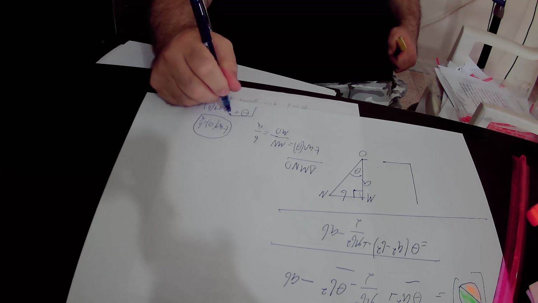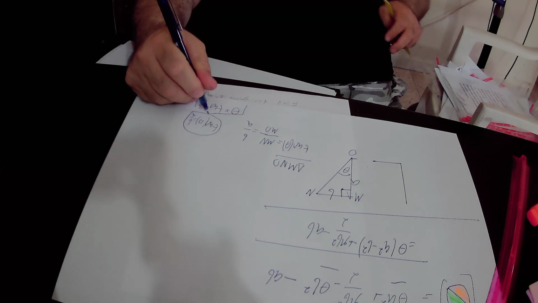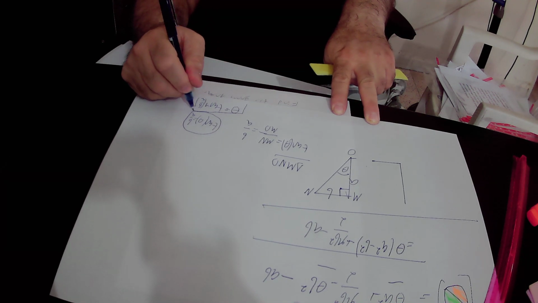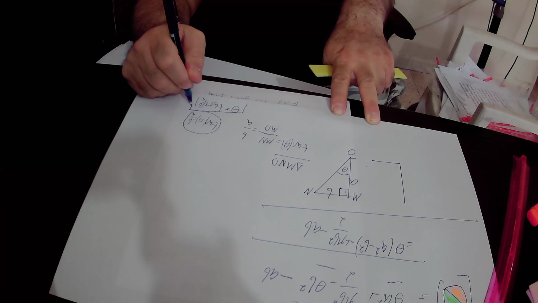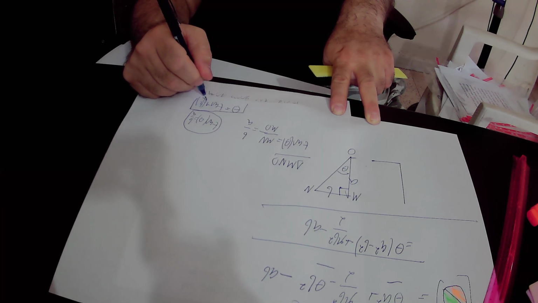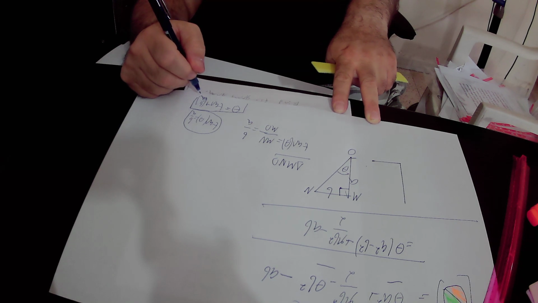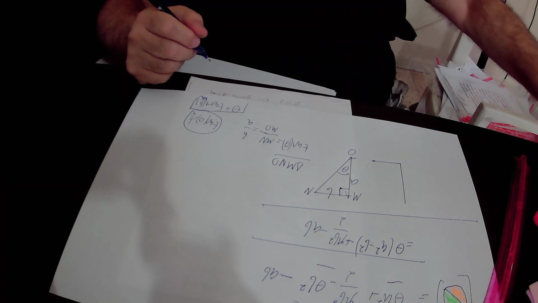So in conclusion, theta equals tangent minus 1, the opposite function of tangent, of B over A.